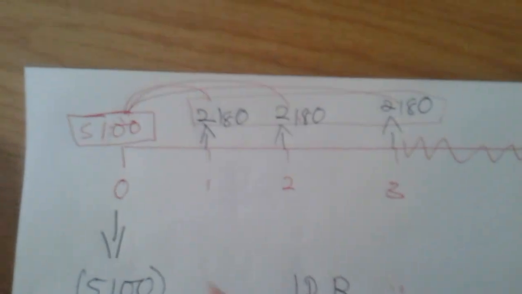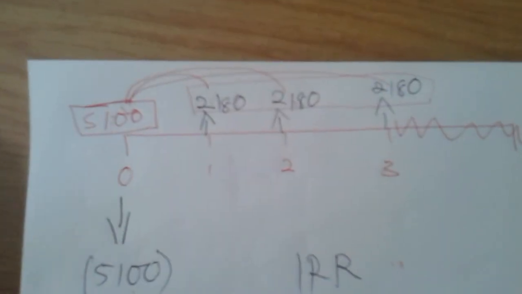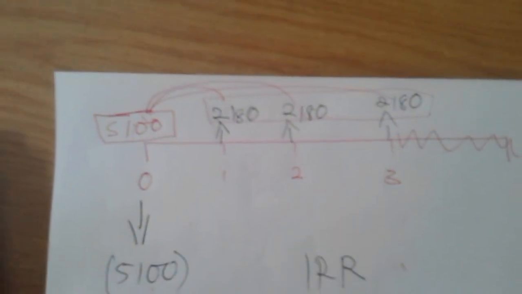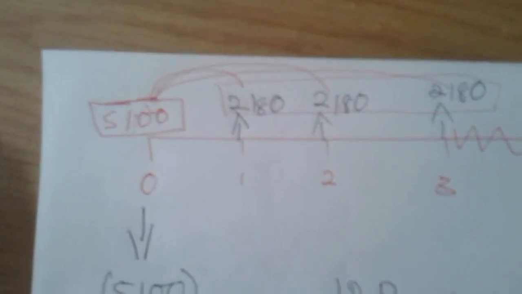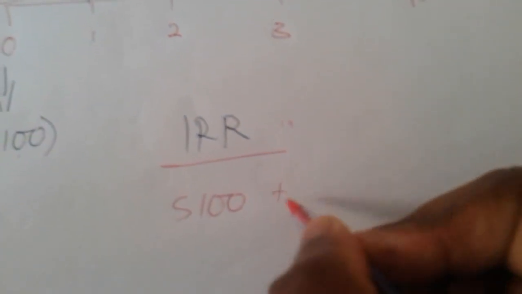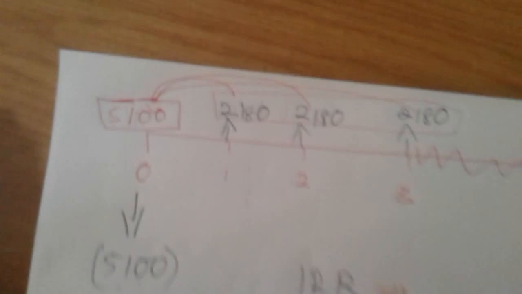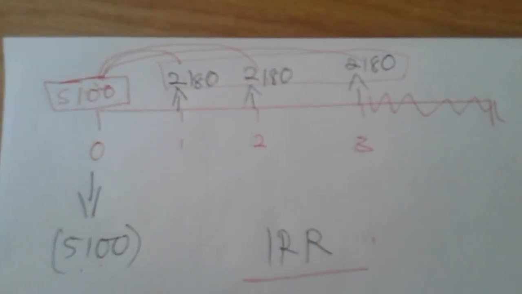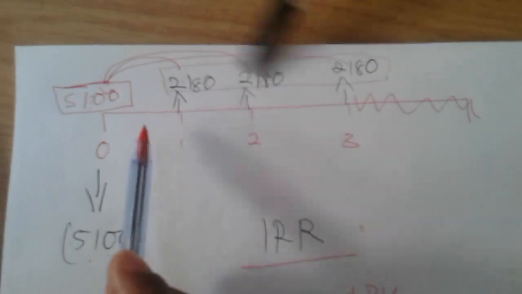Now, what do we call this 5.1? Let's say I'm standing at 0. What do we call this 5.1 here? Is it not our present? Yes, that's where we are, right? So you now say 5,100. That's your present value. Then, what do we call this 3? It's our future value. What do we call our payments?